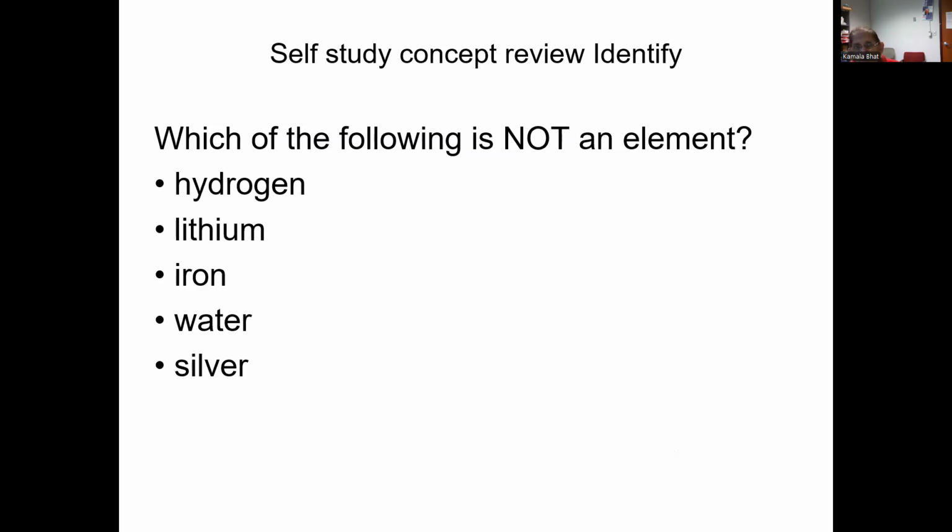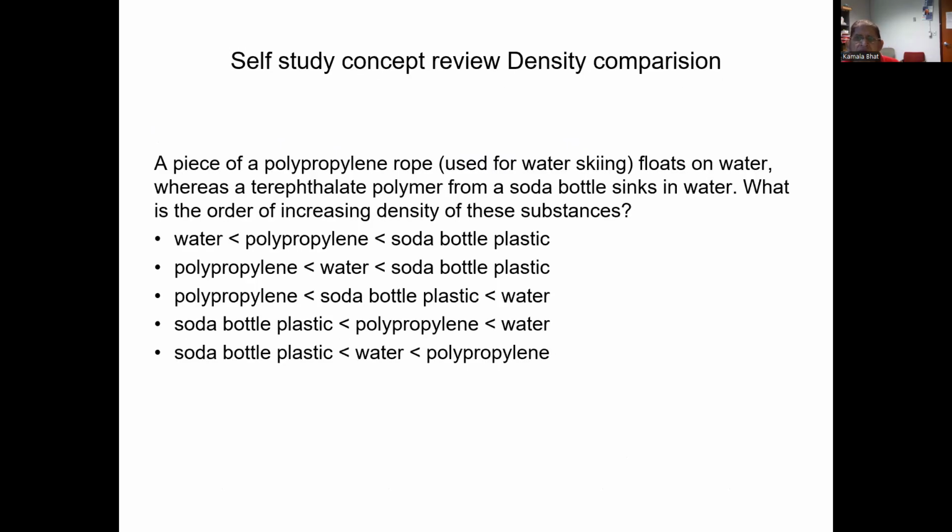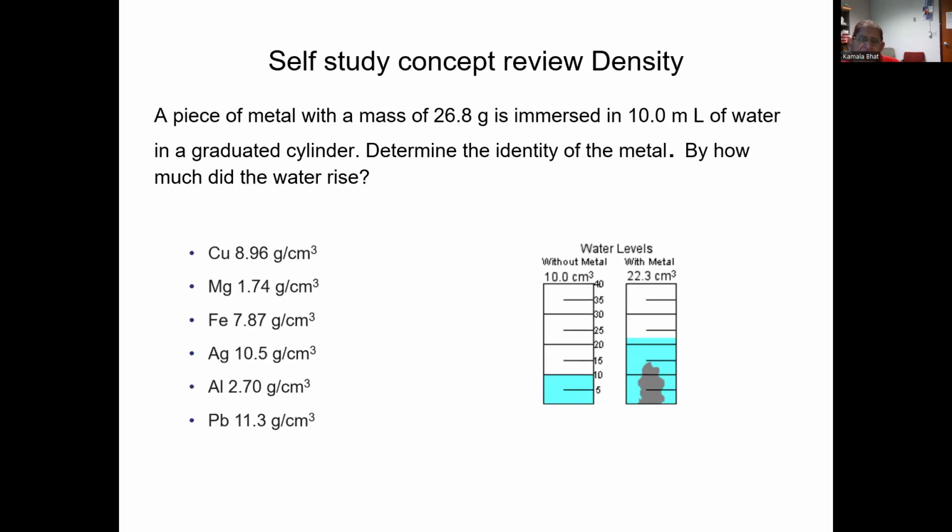And beyond this, you will find all kinds of self-study concept review. You should go through this so that you know how to do it. And in this particular problem, where you are asked to find the density, I would suggest you use the hint: how much water was there at the beginning.